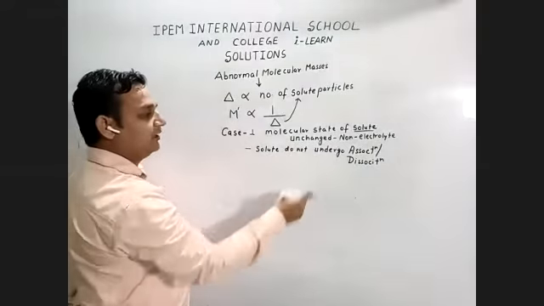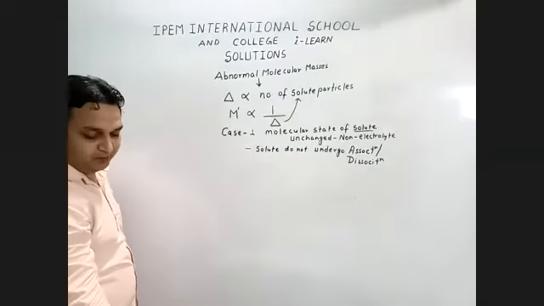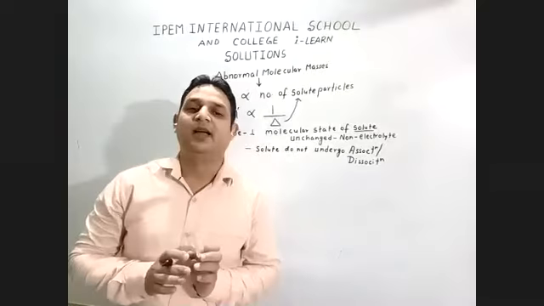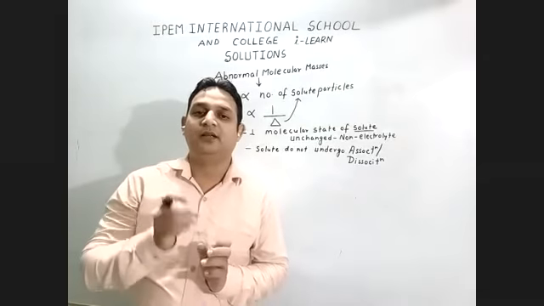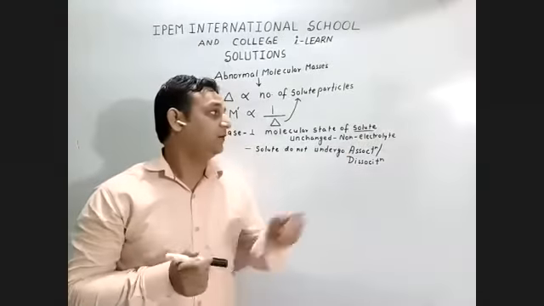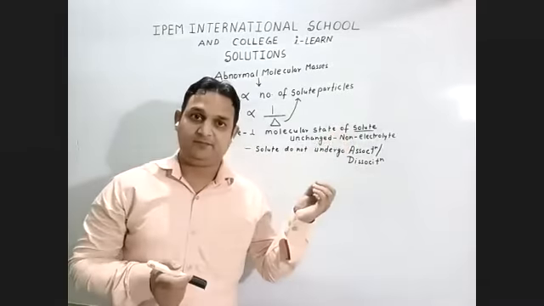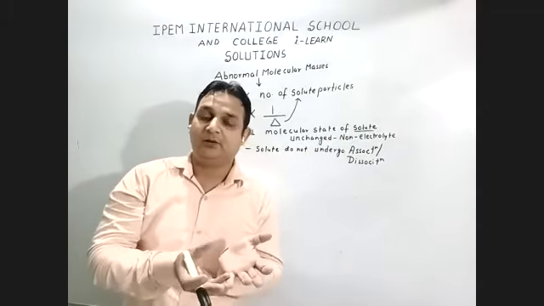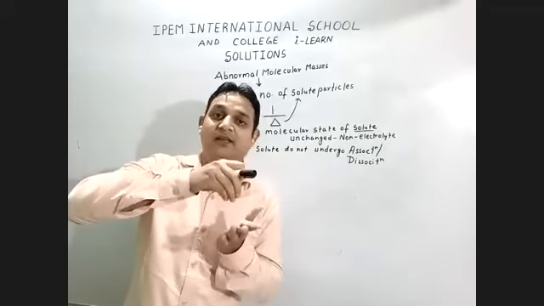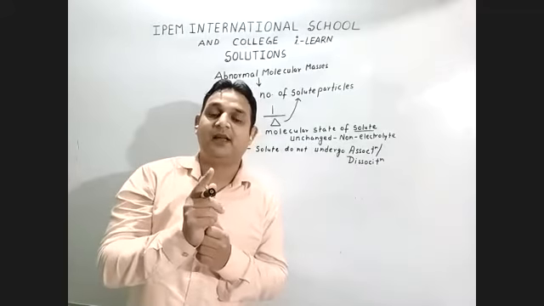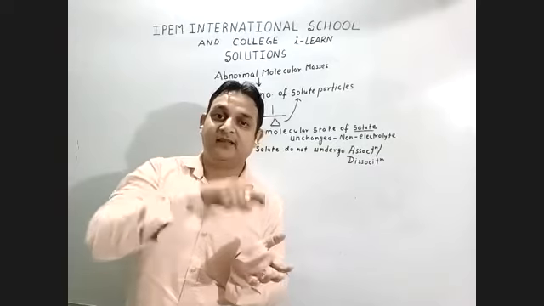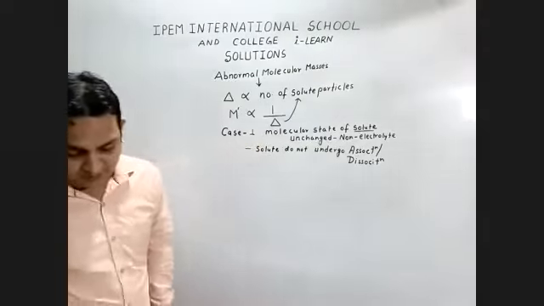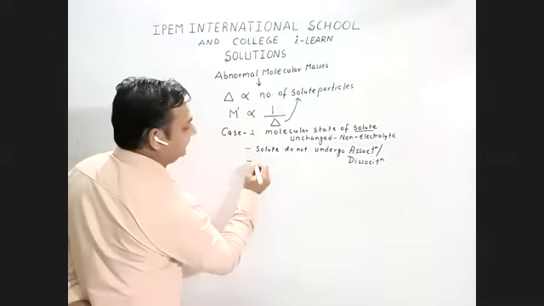When they do not undergo association and dissociation, the number of moles of solute present in the solution is the same as added before dissolution. Whatever number of solute particles you have taken, you put it in the solvent to become a solution. Before adding into the solvent and after dissolution, that number of solute particles will remain the same.